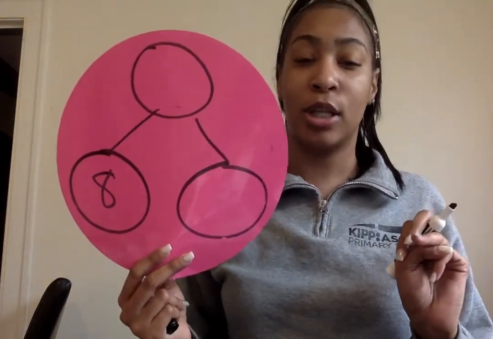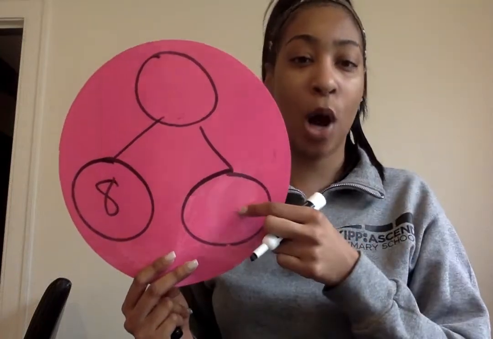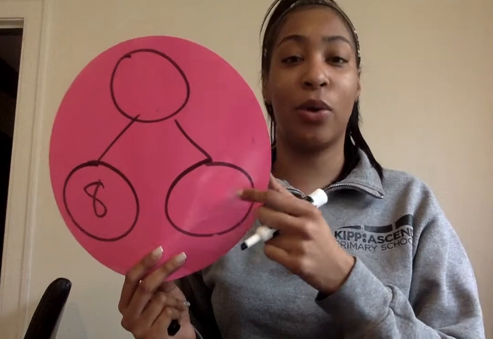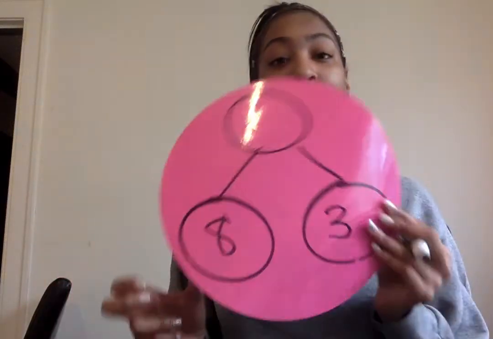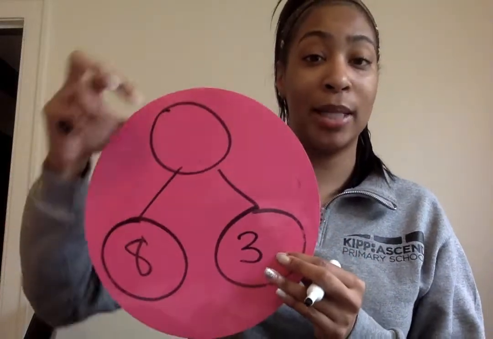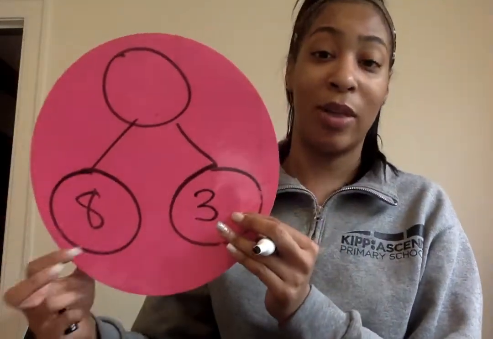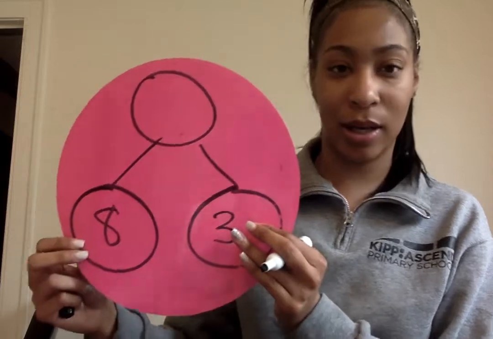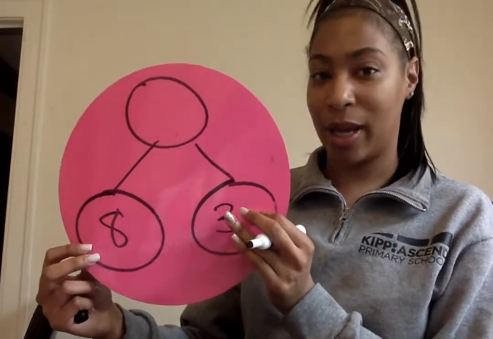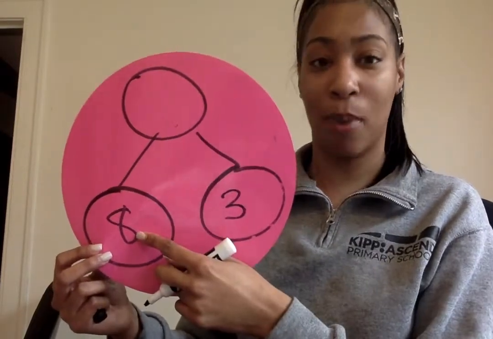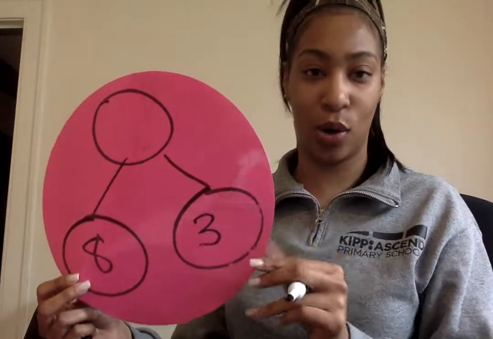I know she went to get 3 more apples. So is a 3 part or is it whole? If you said that the 3 goes in the part, you're correct. And we know that parts make up a whole. So if we know that 8 and 3 is 11, the 3 and the 8 go in the parts and the 11 will go in the whole. Good job.